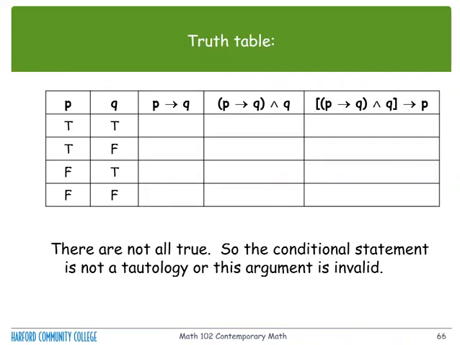As you see on the truth table, we need P then Q, P then Q and Q, because this is premise number one and this is premise number two, connected with the and. Then the conclusion is P, and the last column is the column for the argument.